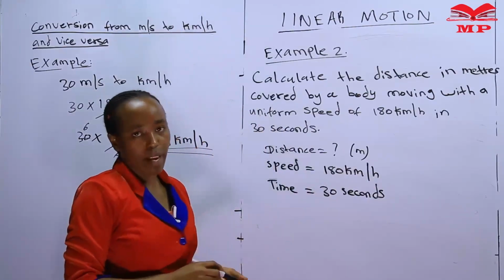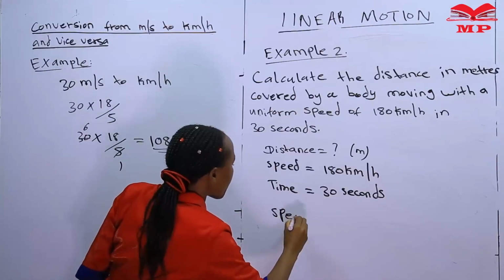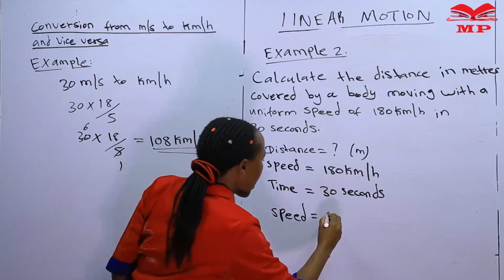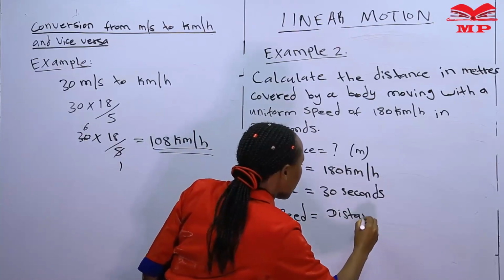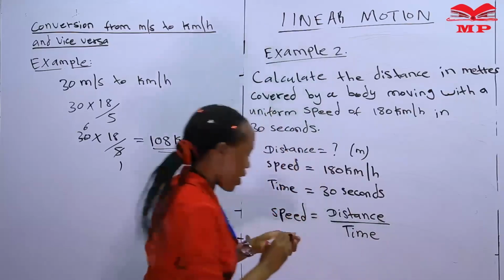We know very well from the definition of speed that speed is distance covered per unit time, so we have distance over the time taken.